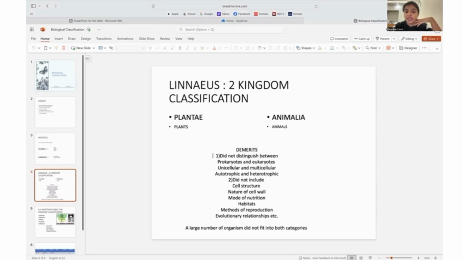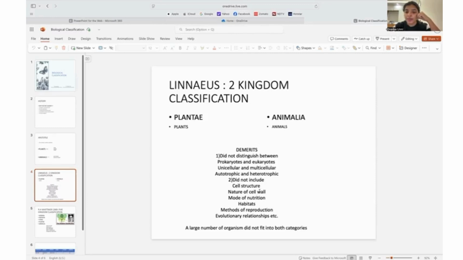They're all eukaryotes, but the nature of the cell wall is different, because plants contain cellulose in their cell wall, while fungi contain chitin. So basically, at the microscopic level, they're different.